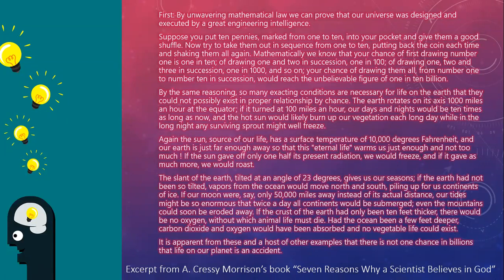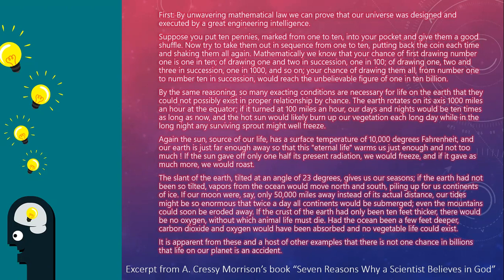Okay, so here he applied the probability. And as you notice, he said, suppose there are 10 coins and the coins are numbered from 1 to 10. Okay? So if you put them inside your pocket, the probability that you will get the sequence 1, so when you draw, the chances of drawing number 1 first is 1 in 10.